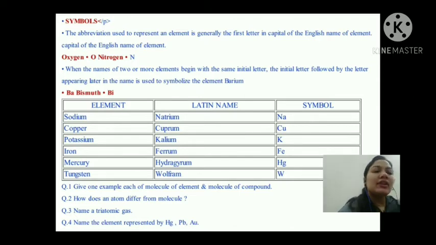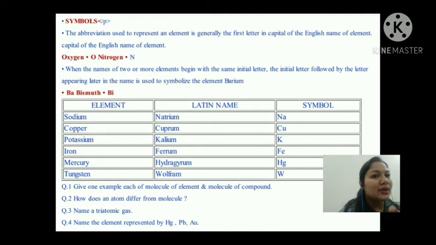The scientists who discovered them were Latin, so when they discovered those elements they gave them names. Sodium in Latin is natrium, so the symbol Na was taken. Copper is cuprum, so Cu was taken. Potassium was kalium, so K was taken.